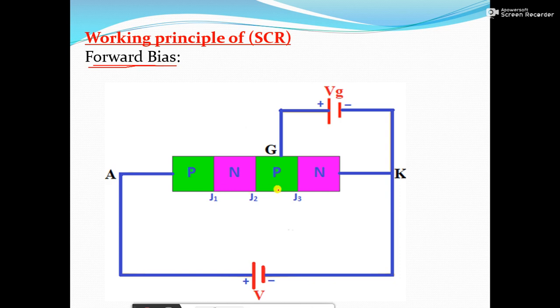So whenever we do forward biasing, the junctions J1 and J3 are both forward biased, whereas the junction J2 is reverse biased.